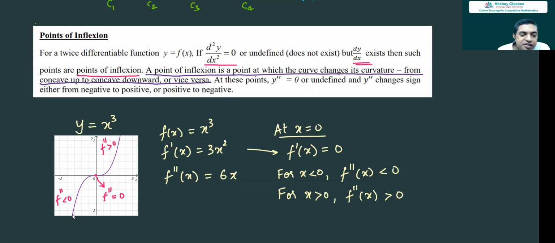Now you see the curvature here, it is convex upwards, and here it is concave upwards. So at the point of inflection, this is very important, the curve changes its curvature from convex to concave or vice versa.